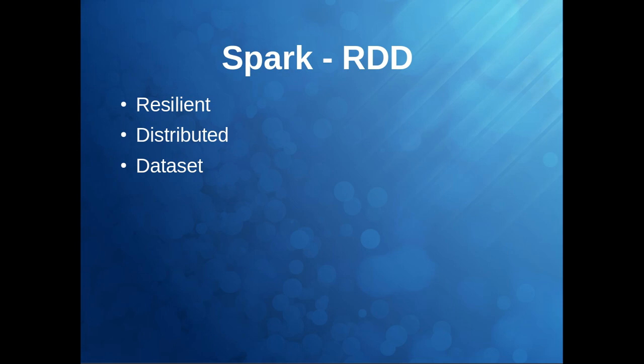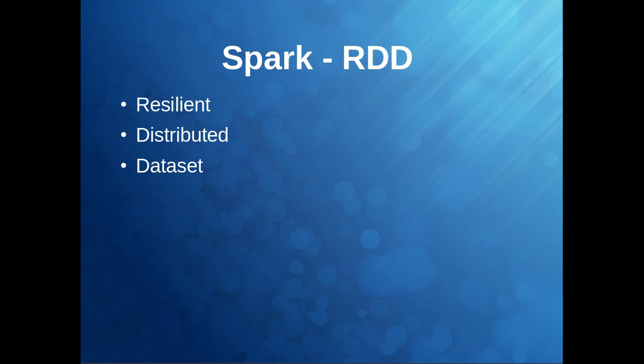Distributed means this RDD is distributed among a lot of clusters of nodes. Let's say you have a giant dataset, and the RDD is distributed among different nodes in small chunks of the dataset. The dataset is just holding all the data.